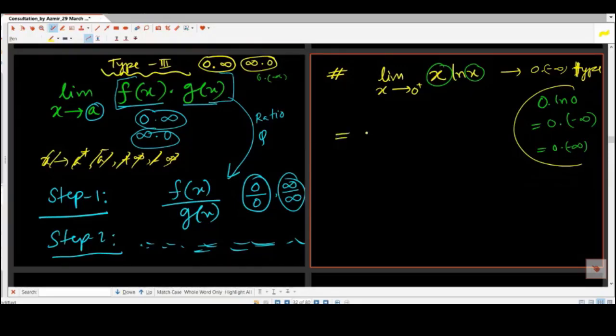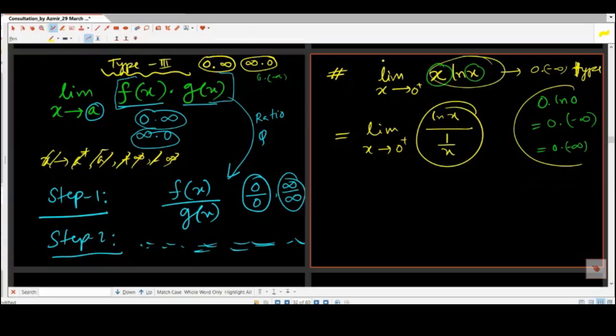So can we write this one as natural log of x over 1 over x? We can write, because if we do the simplification we will get the same thing. So this is the idea behind 0 times infinity, infinity times 0, or 0 times negative infinity times 0. We have to rewrite the functions f of x times g of x as a ratio form.